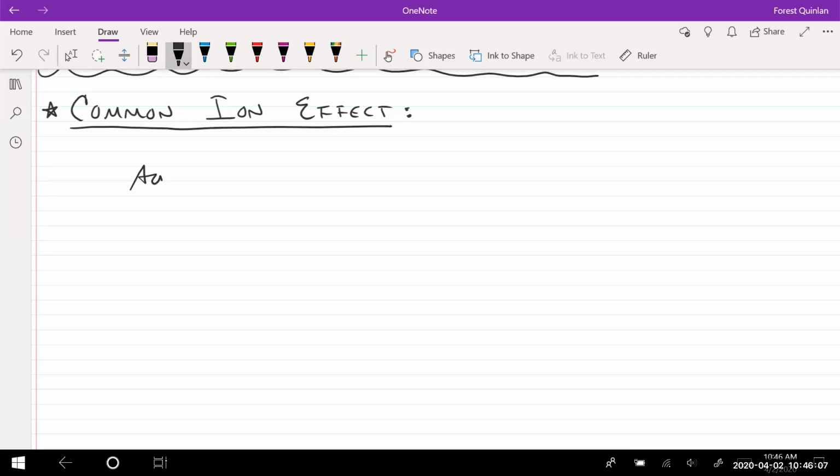Let's do some silver chloride with HCl, and I'm going to be specific, 0.2 molar HCl. I want to see what happens if I toss something in there that actually gives us a piece of the equation.